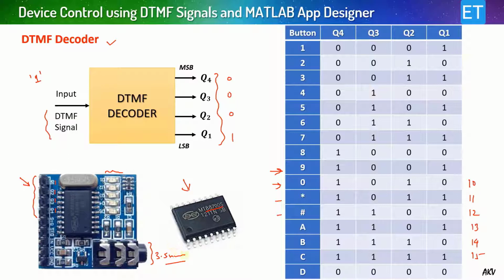So if the DTMF signal is received for key press 1, obviously your output will be 0, 0, 0, 1. And the same you can see with these LEDs. These 3 LEDs will be off, while the last LED will glow because it is representing logic 1. So it is easy to interpret what output I am achieving with this visual indication.